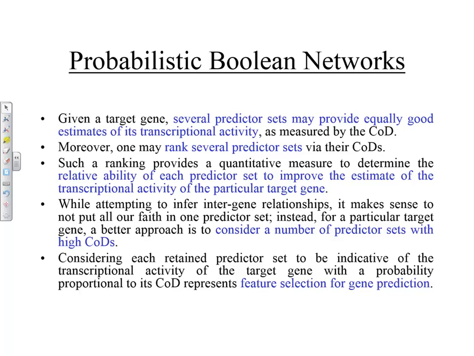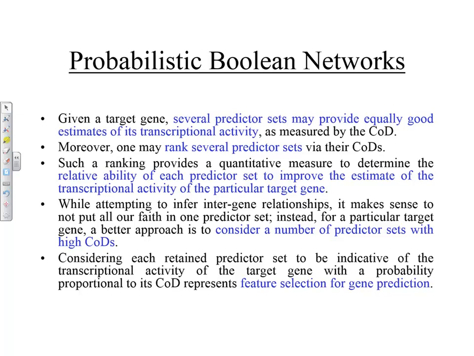Sometimes the network will update according to one predictor set, sometimes according to another, if you have equally good predictor sets. So instead of a deterministic network, you're going to get something that becomes stochastic. Considering each retained predictor set to be indicative of the transcriptional activity of the target gene with a probability that is proportional to its COD represents feature selection for gene prediction.